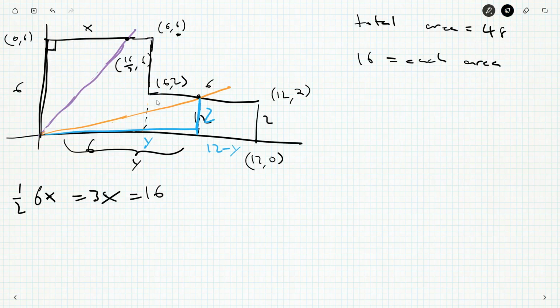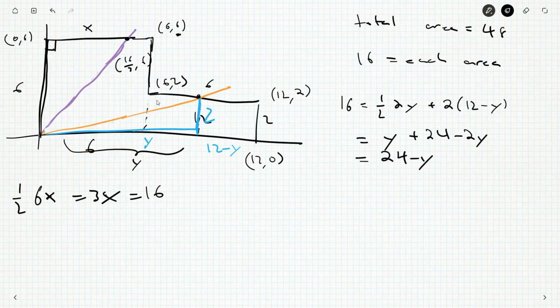And that has to add up to 16. So 16 is 1/2 times 2 times y plus 2 times (12 minus y). So this is going to be y plus 24 minus 2y, or 24 minus y, so y is going to have to be 8. So we get 8, 2 here.